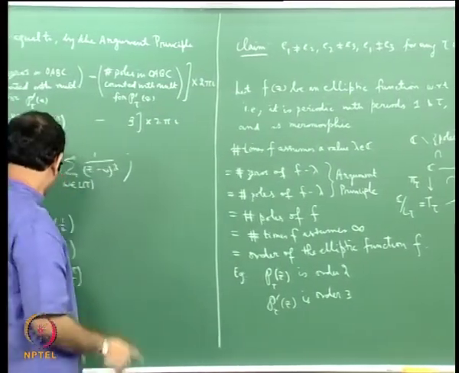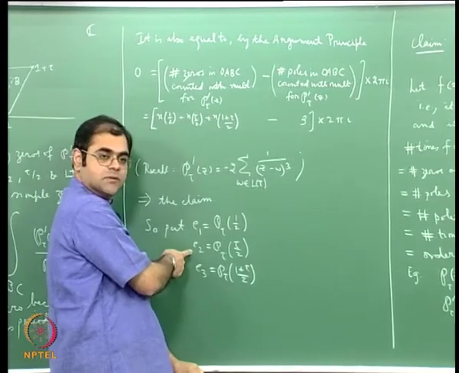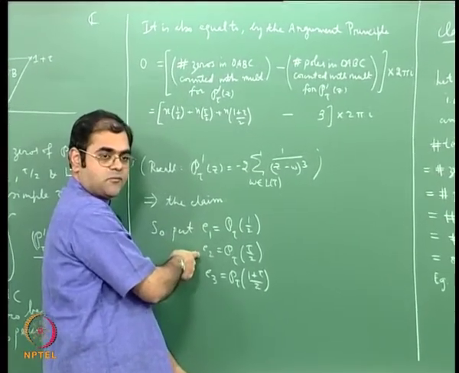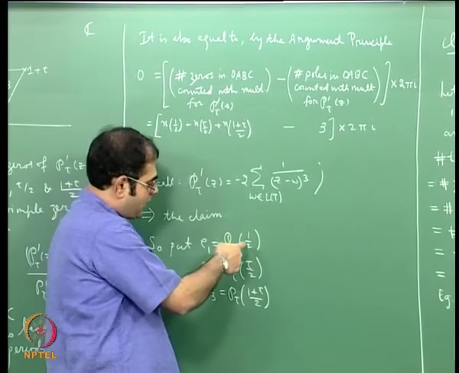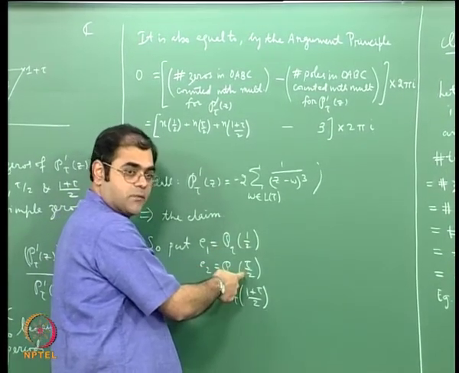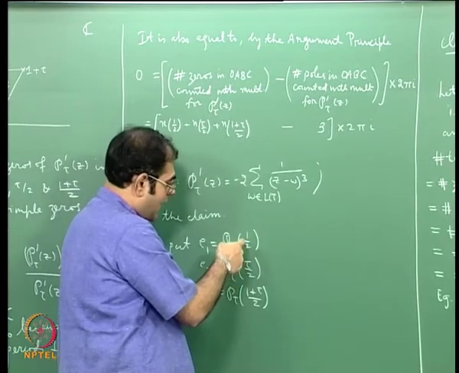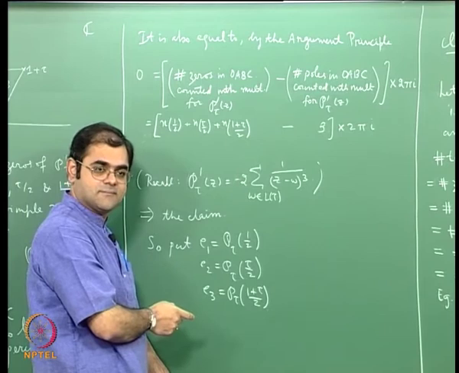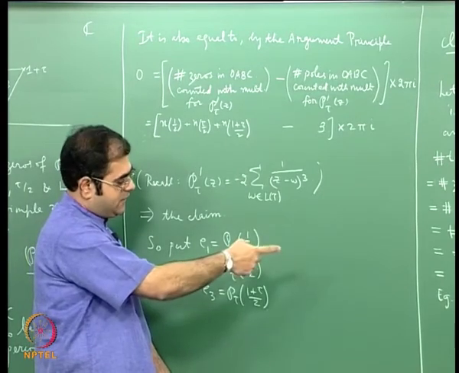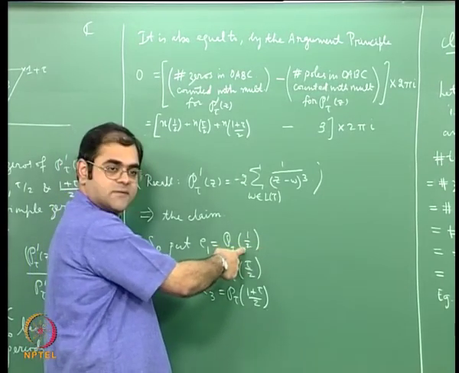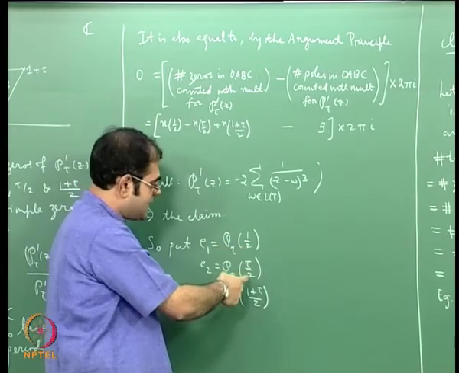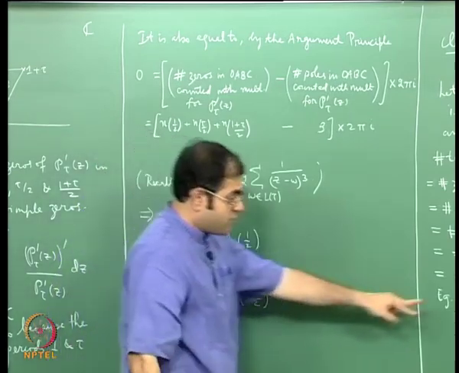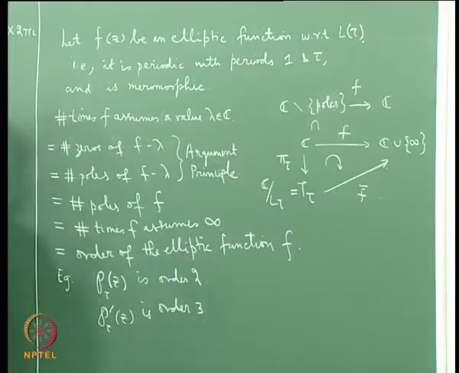Because if E1 is equal to E2, then you are saying that this common value, E1 or E2, is assumed at half and at tau by 2. But at half it is already assumed twice, and at tau by 2 it is assumed twice, because the order is 2 and it will assume each value twice.